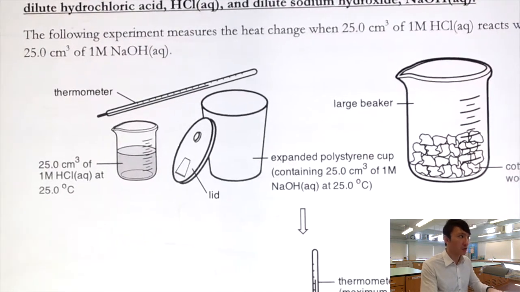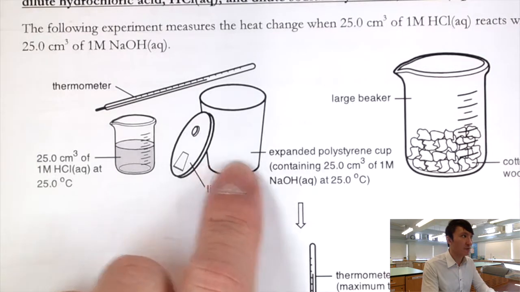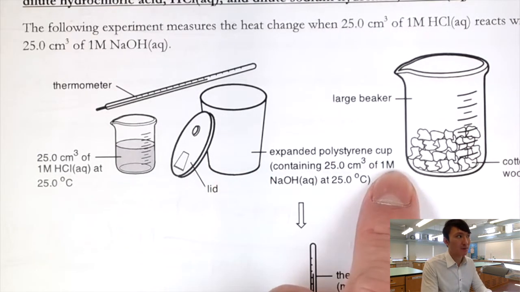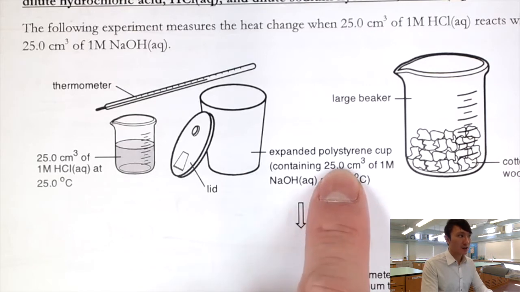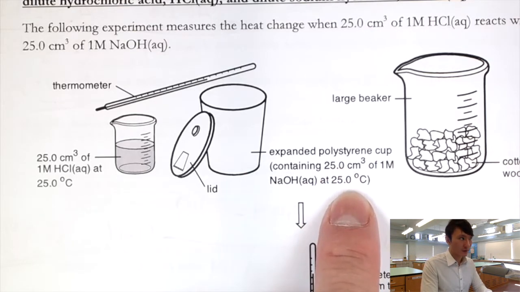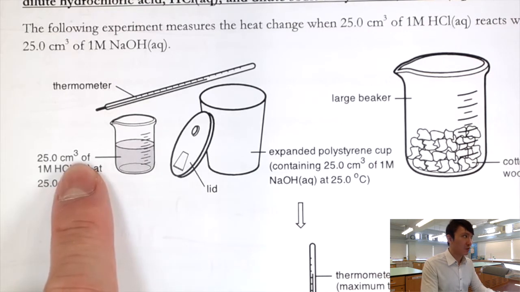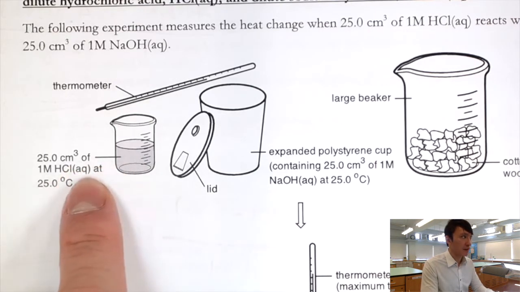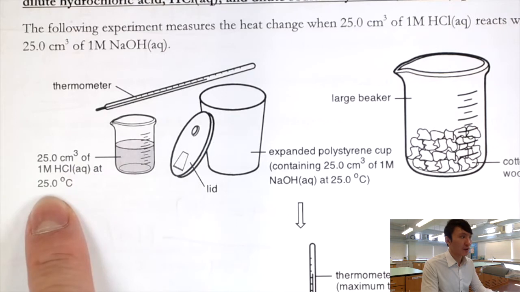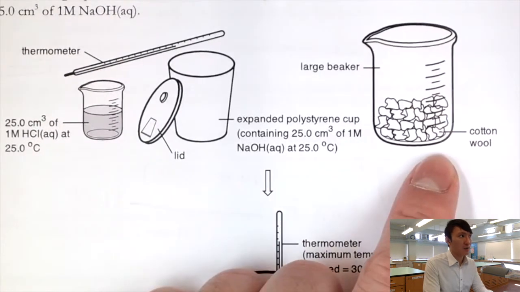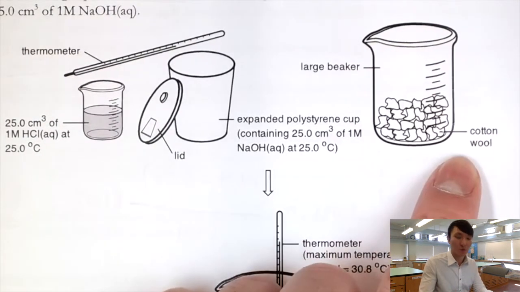So here, first of all, we have an expanded polystyrene cup, and inside it contains 1 M sodium hydroxide, 25 cm cube, 25 degrees Celsius. On the other beaker, we have 25 cm cube of hydrochloric acid and also at 25 degrees Celsius. We have a lid and a thermometer, and then we also have a large beaker containing a lot of cotton wool.